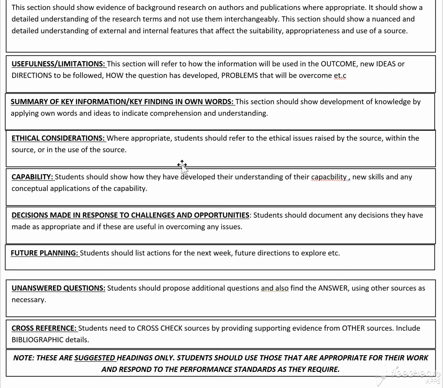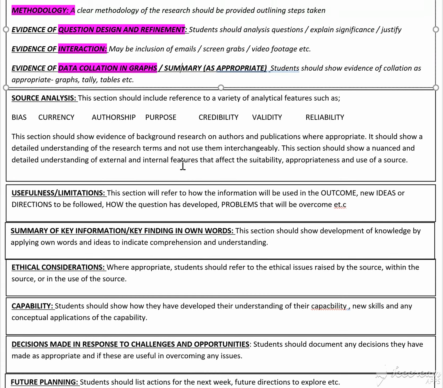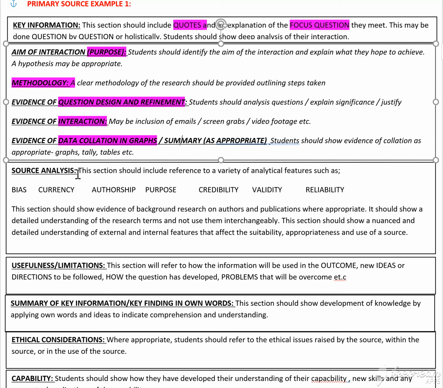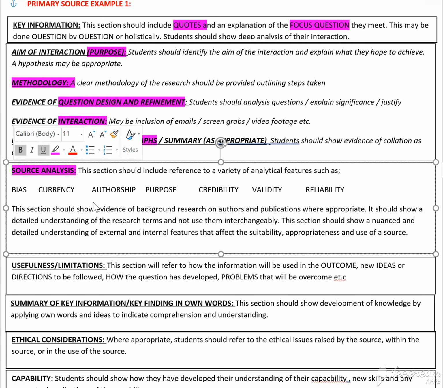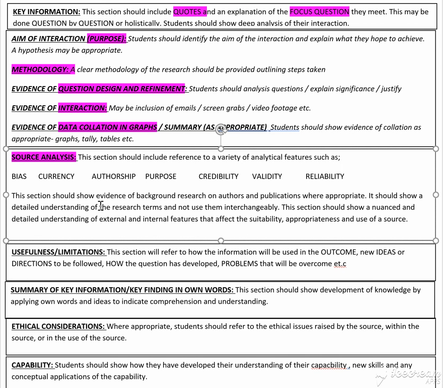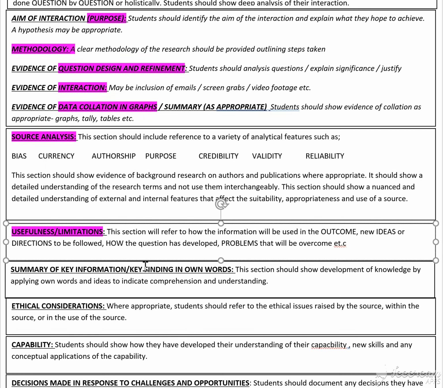You might decide you don't want to do all of those things. That's okay. It depends on the layout of your work and your intentions. The ones that are pretty much non-negotiable, though, are in purple because we have to have this stuff at the top. We need our source analysis, and we really need some discussion about why this source was good.